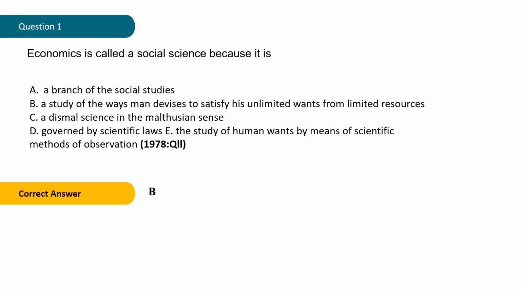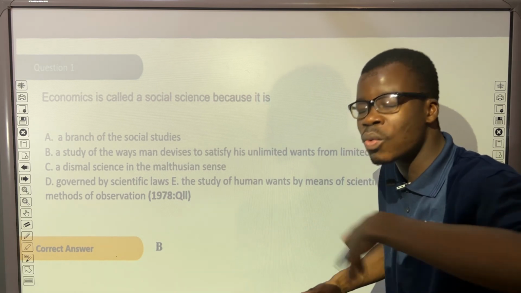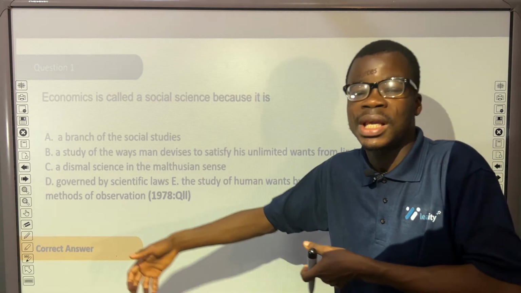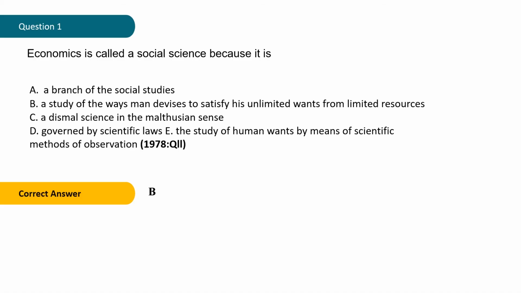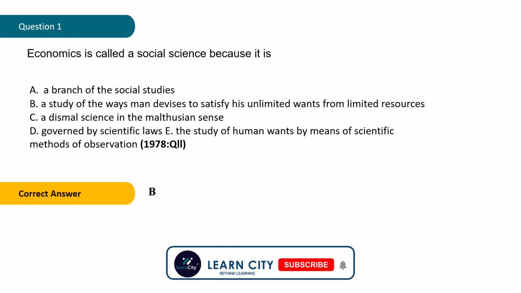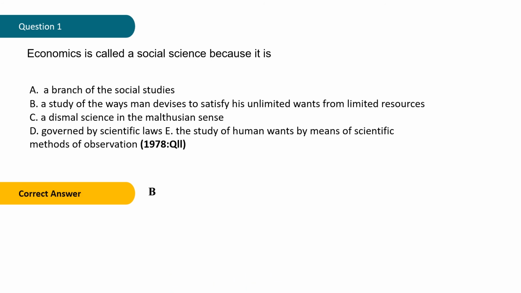Correct answer is what? Okay. B. Economics is a study of the ways man devises to satisfy his wants. Don't forget I said that any study that deals with the interrelationship between human beings is what we call social. So because it devises scientific methods, that's why we refer to it as a social science. What brings in economics?